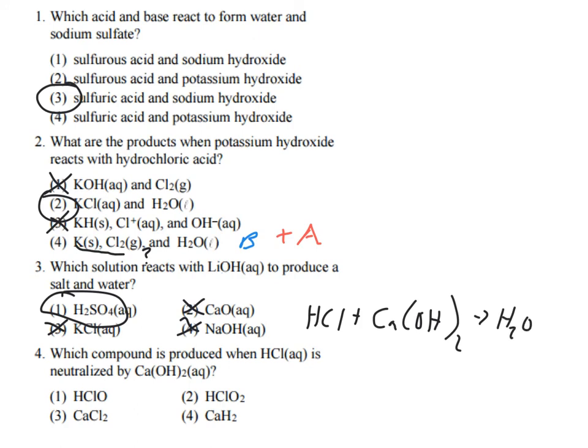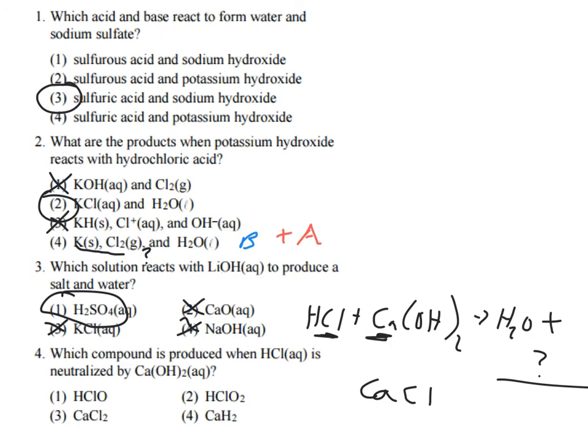I could just double check to see. I don't see water as an answer choice, unfortunately, because that would be easy. But what they're saying is we need to find the salt, the extra thing that's at the end. So again, I should probably be ignoring the H from the HCl, as in I'm using chlorine definitely, and I should also be using the calcium, which is the other leftover thing.